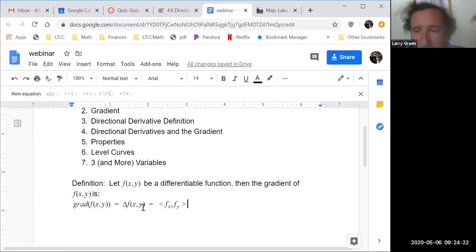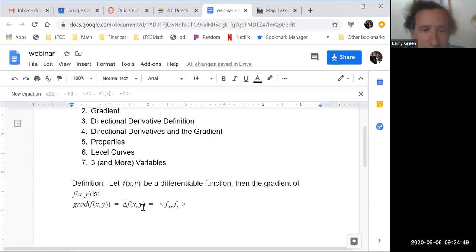Any questions on that? So we know that the partial with respect to x is important, but the partial derivative with respect to y is just as important. So we're going to be stubborn and say, I'm just going to want them both. And the main way we get two things in one creature is a vector.